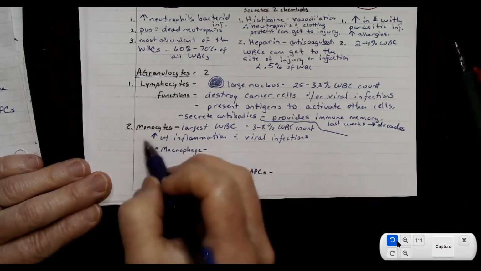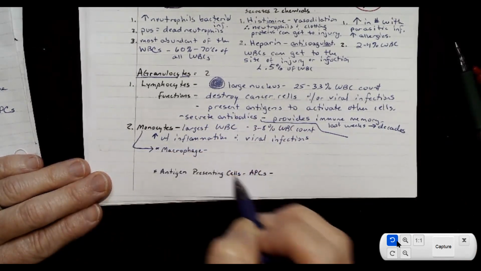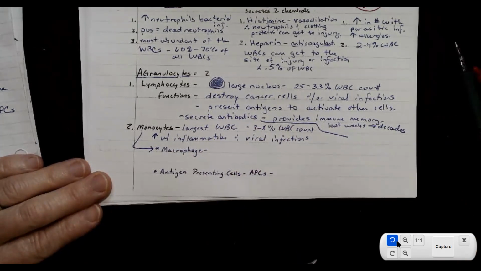Okay, one type of monocyte is called a macrophage.